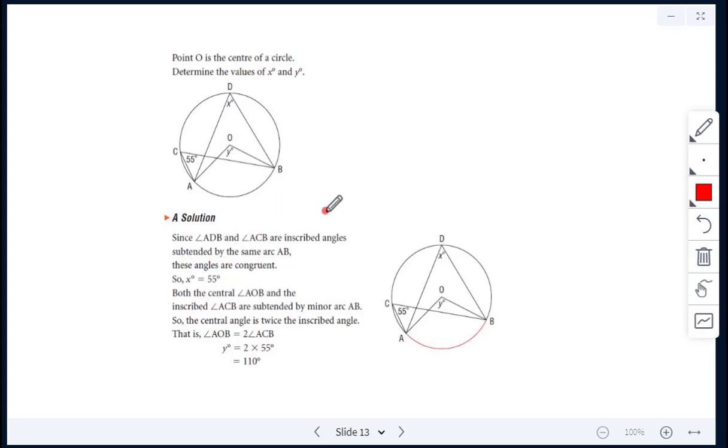Since ADB and ACB are inscribed angles subtended by the same arc, arc AB, they have to be congruent. This is 55 degrees, and so therefore x has to be 55 degrees as well. So x is 55 degrees.